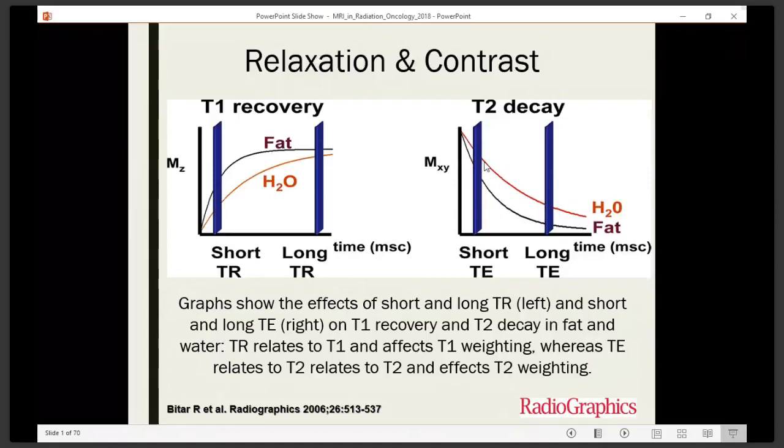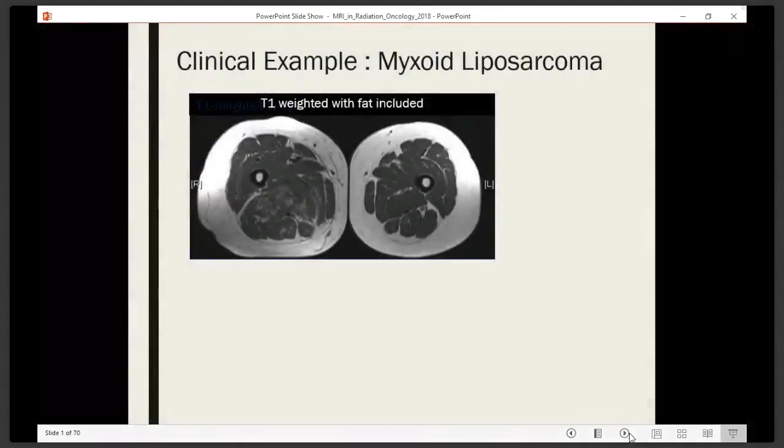T2 is similar; however, the signal in water goes away slower because it has a long T2, whereas fat goes away much more rapidly. And by combining these two properties, you can really adjust a lot of the different contrasts, but there's really a lot more you can do with MRI.